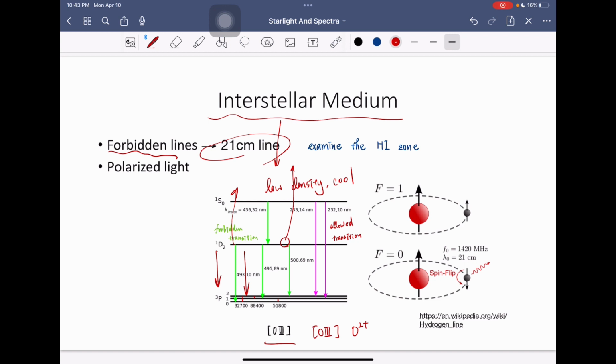The 21 cm line is a good tool to examine the H1 zone and can check the rotation speed of galaxies. The 21 cm line is caused by the change of the electron spin. There is only a tiny change in energy, so the wavelength is very long, so it's 21 cm.